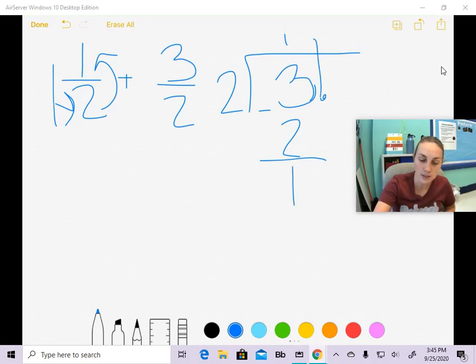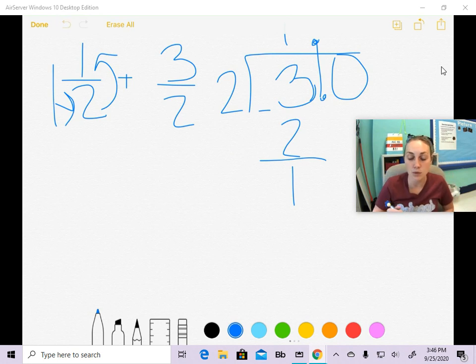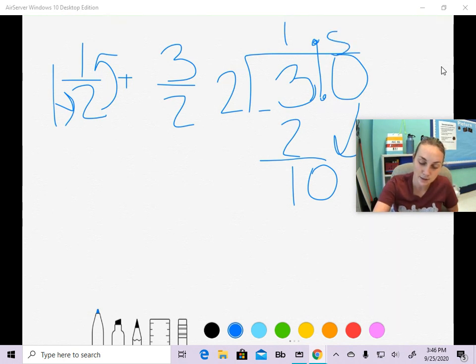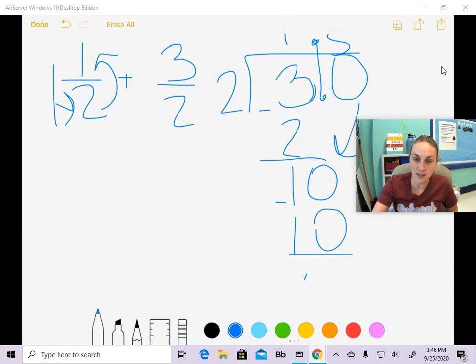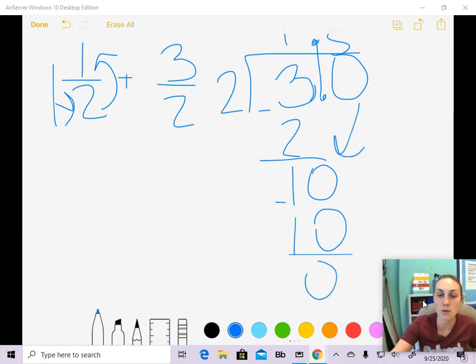We have our remainder, so we need to keep going. So we need to put that decimal in, bring that to the top, and add a 0 because that will not change the value. Then we bring the 0 down. 2 goes into 10 5 times. 5 times 2 is going to be 10. If we subtract that, our remainder is going to be 0.